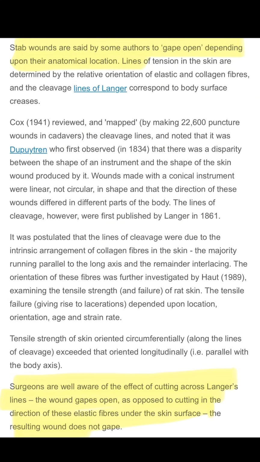So you can see how if somebody's stabbing a person at a different angle than another victim, you might have gaping wounds, whereas the other victim might not have gaping wounds. Or on the same body, you might have gaping wounds and not gaping wounds. It all depends on how the perpetrator is stabbing them, what angle they're at, is the victim laying down, is the victim standing up, etc.